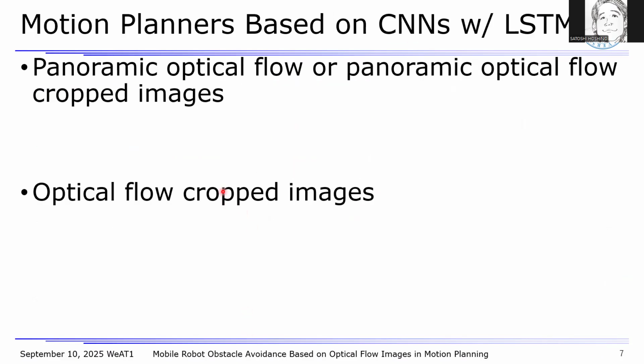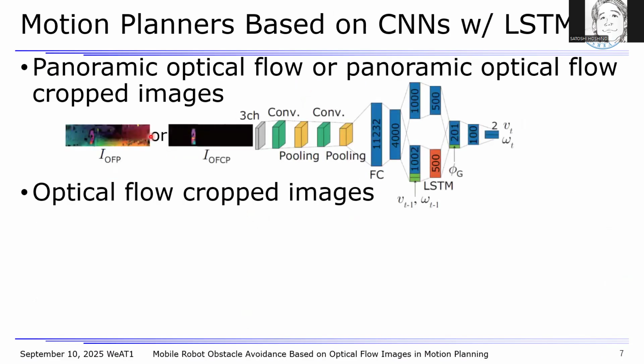Here, let me show you three types of motion planners based on CNN with LSTM. These motion planners have different image inputs. These two motion planners use panoramic optical flow images or panoramic optical flow cropped images as inputs. The panoramic optical flow image is generated by simply concatenating three optical flow images horizontally.